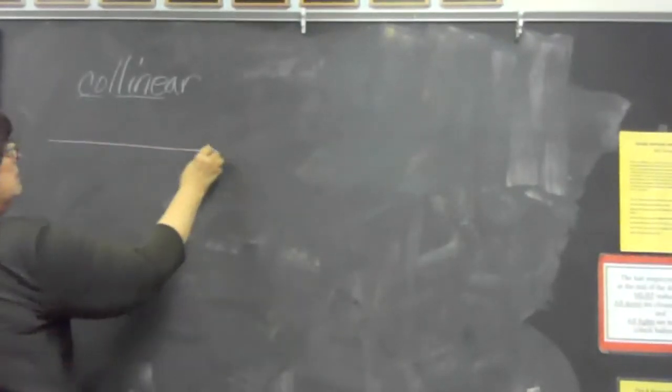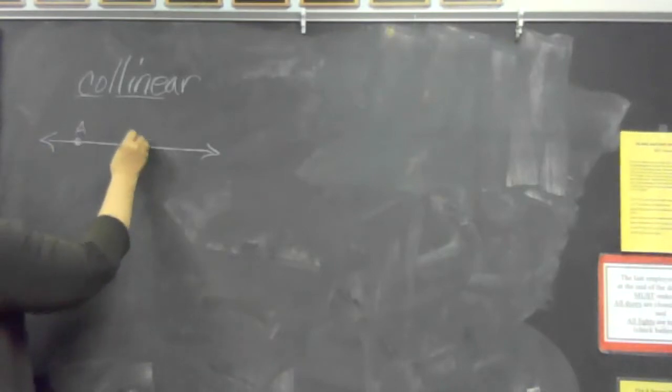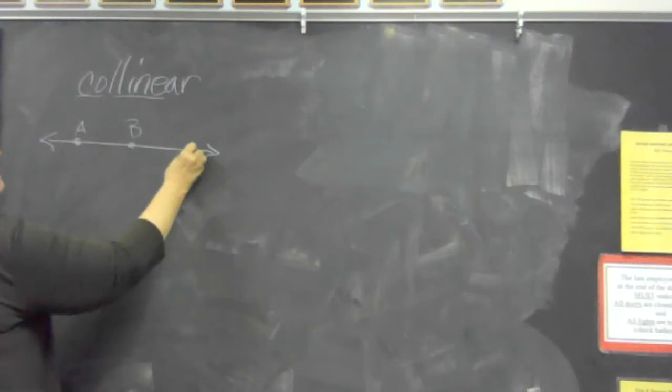So look here, there's line, okay? And there's co, which means a bunch of points on the same line, okay? They all lie on the same line. So A, B, and C are all collinear because they're on the same line, okay?